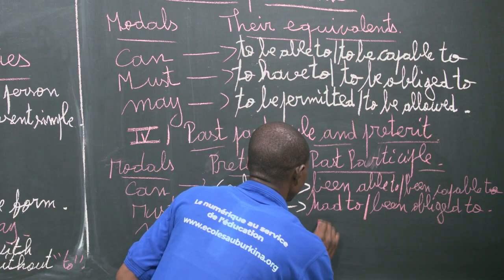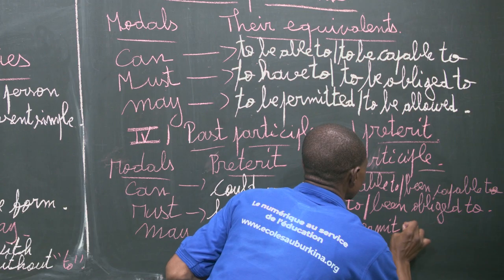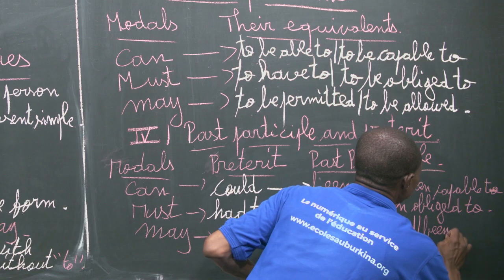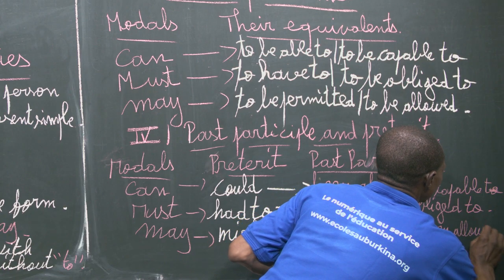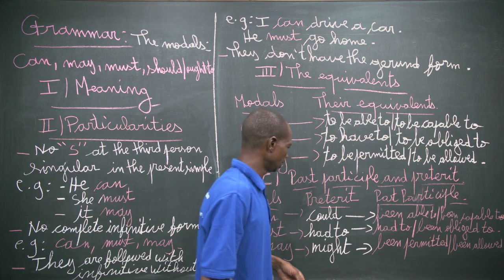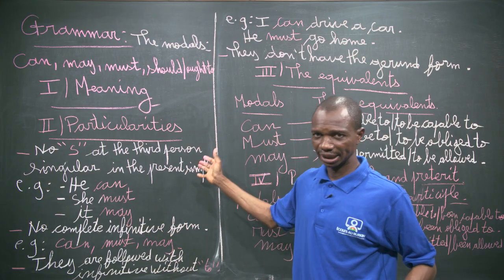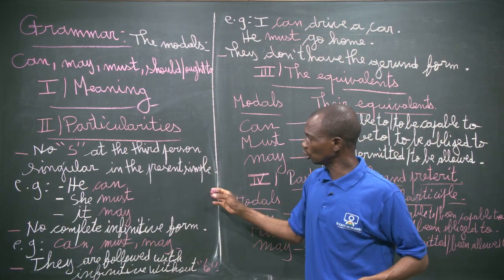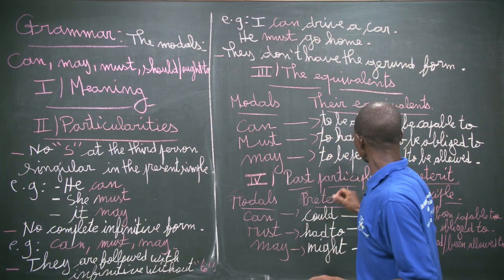So these are the particularities of the modal auxiliaries: the equivalents, and the past participle and preterite.